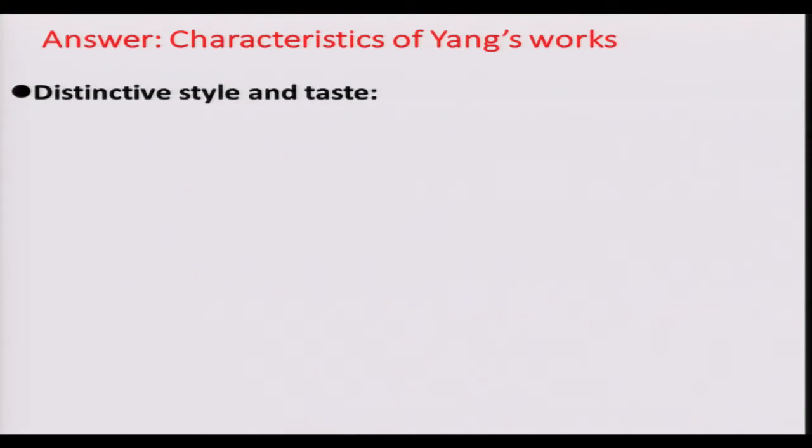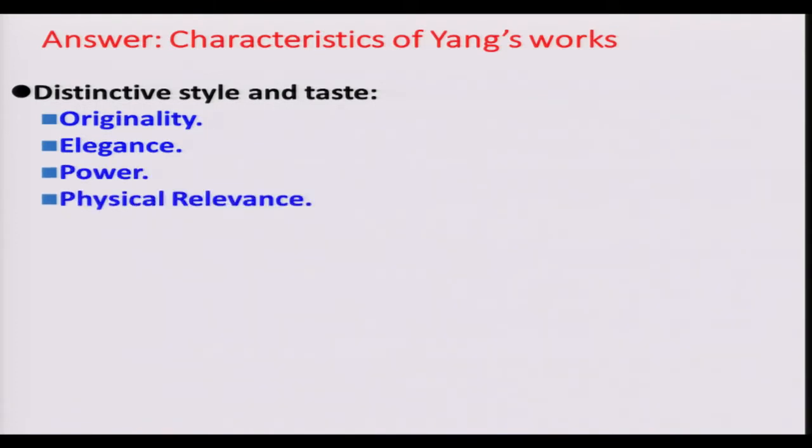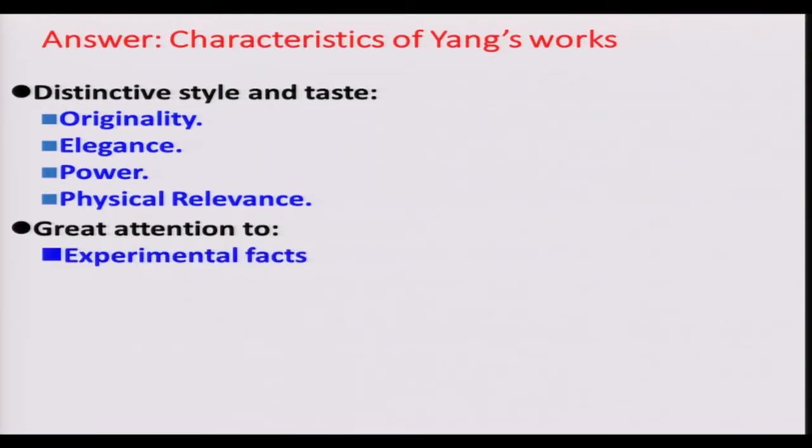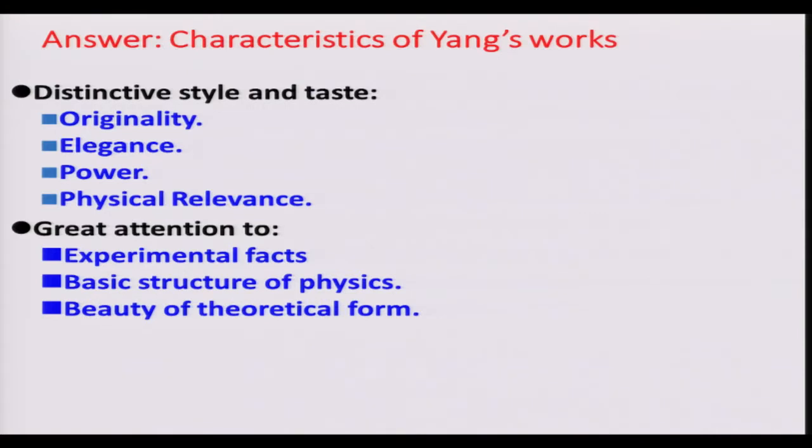As yesterday Professor Paul Chu already mentioned, Professor Yang has a distinctive style and taste: originality, elegance, power, and physical relevance. Professor Yang pays great attention to both the experimental facts and the basic structure of physics, and also the beauty of theoretical form.